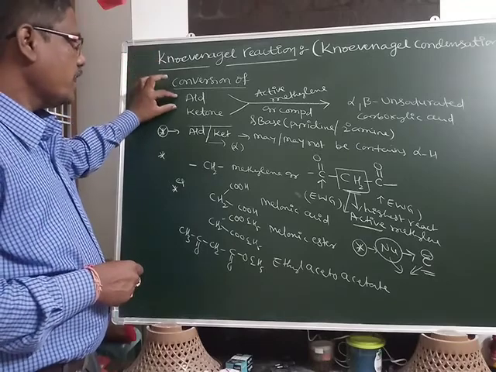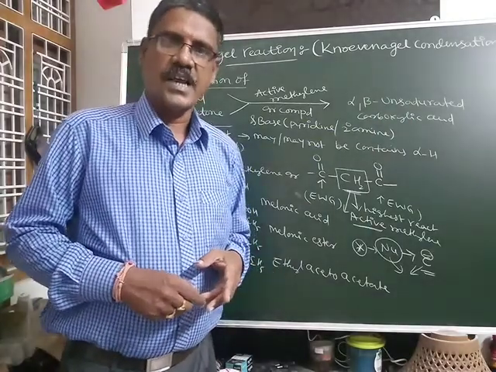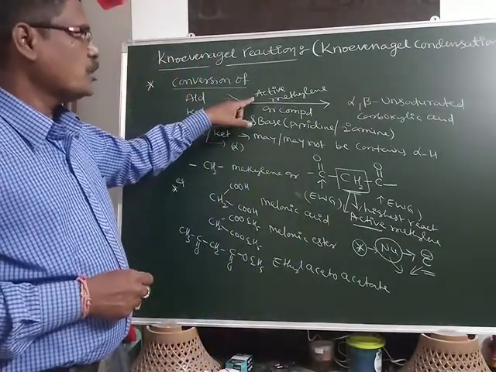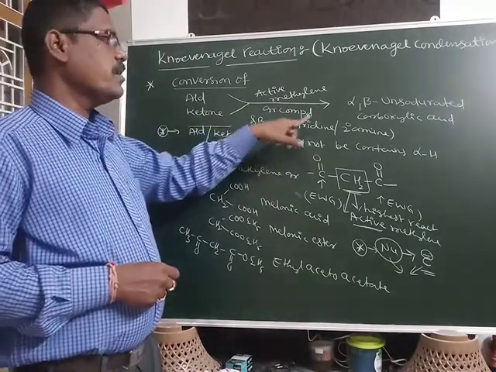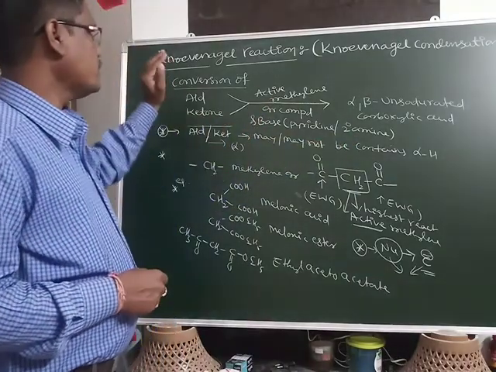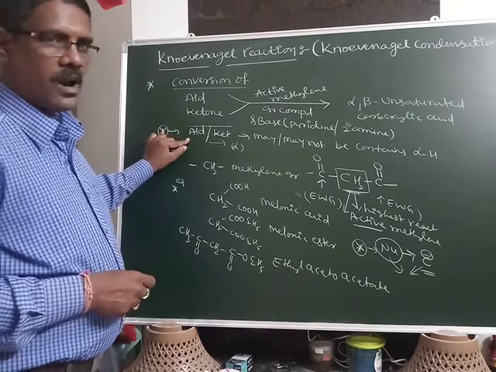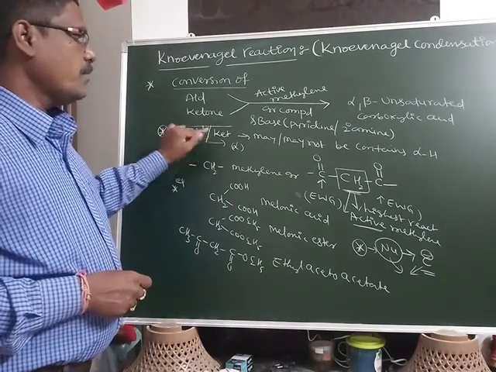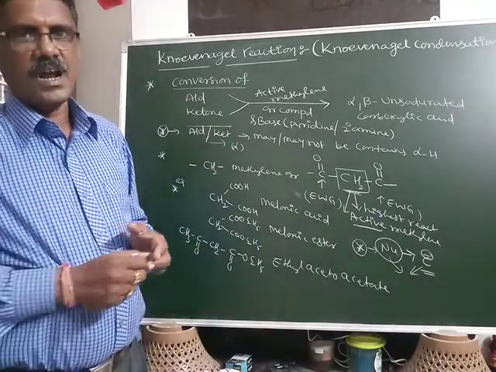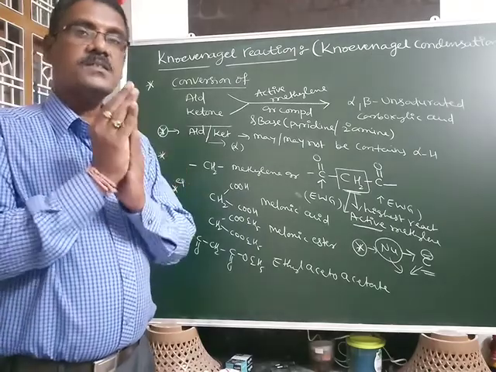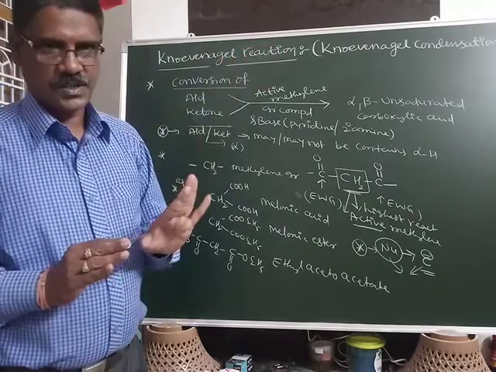Conversion of aldehyde or ketone into alpha beta unsaturated carboxylic acid with active methylene group compound in the presence of base like pyridine or secondary amine is called as Knoevenagel condensation. In Knoevenagel condensation, the aldehyde or ketone may or may not contain alpha hydrogens. That alpha hydrogen phenomenon is not compulsory in aldehyde or ketone in Knoevenagel reaction.